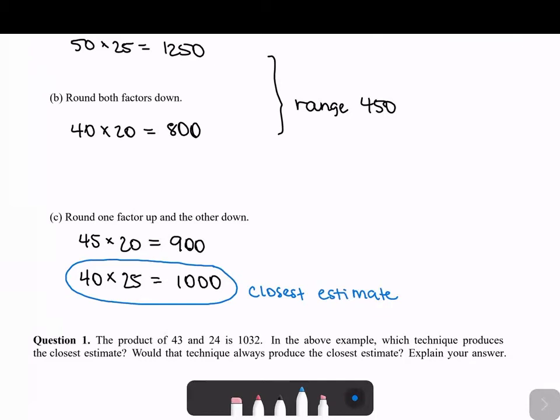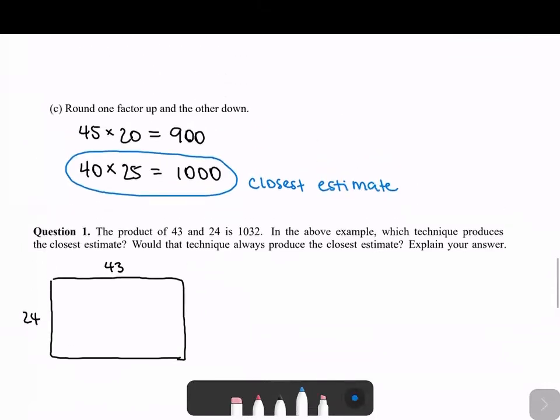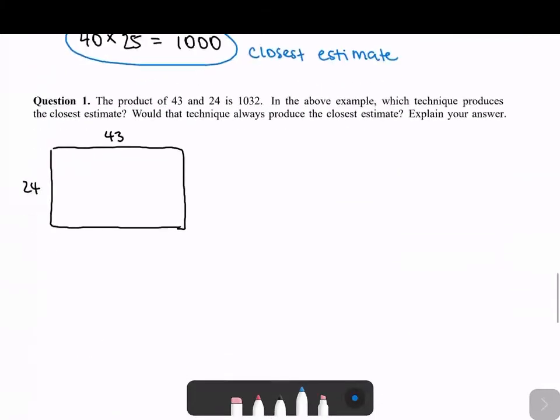And this is actually always going to work if you think about it in terms of area. So if we think about it in terms of area, let me kind of draw a big box here. So if this is 43 and this is 24. So what happens if we round them both up? So if we rounded to 45, we would have something like this. If we rounded to 30, we would have something like this.